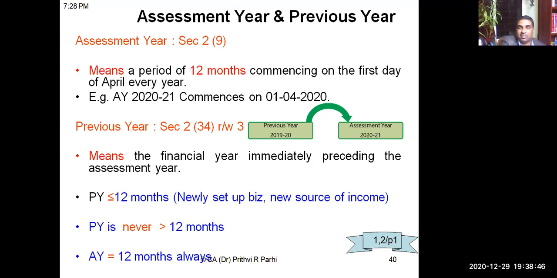But in that return, they're disclosing or declaring the income for the previous year 1920. This is how income tax return filing happens. Did you understand what is assessment year and what is previous year?